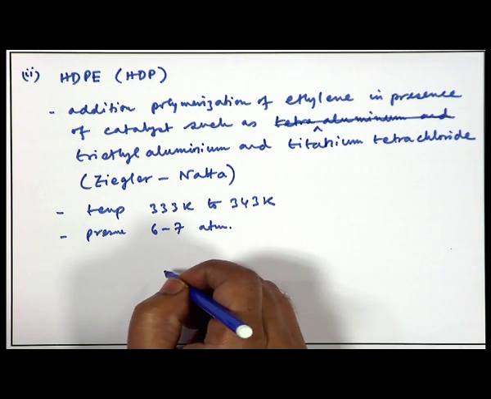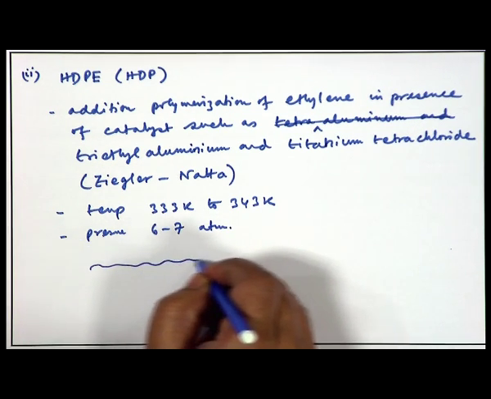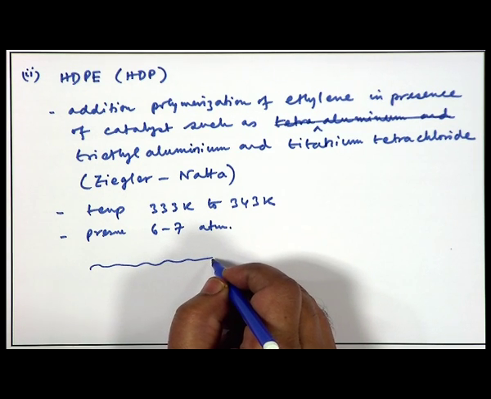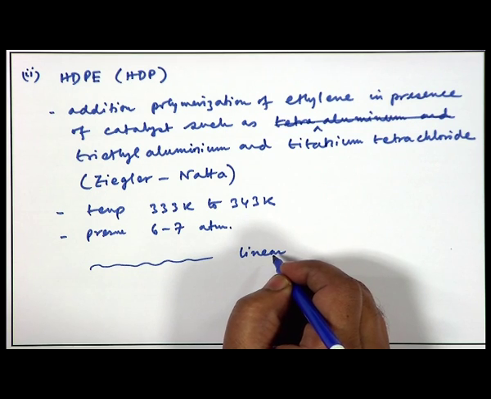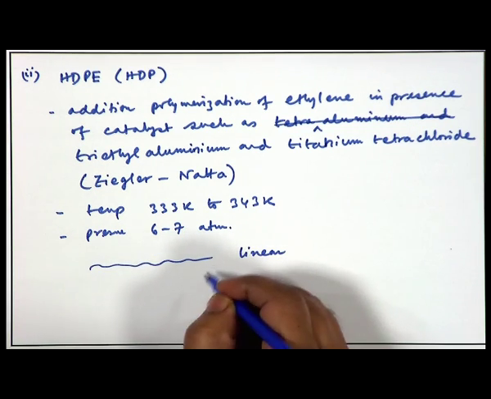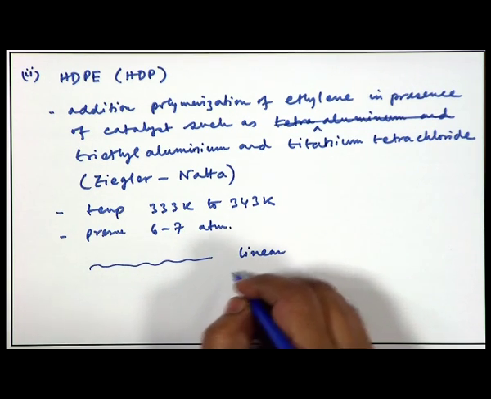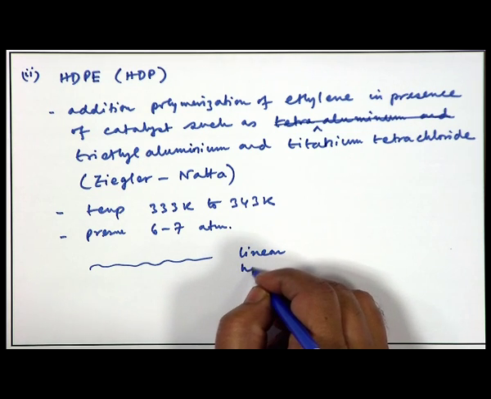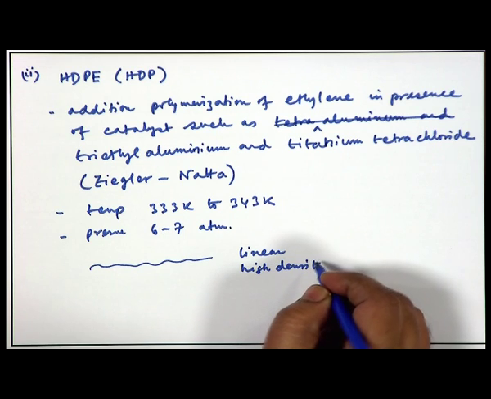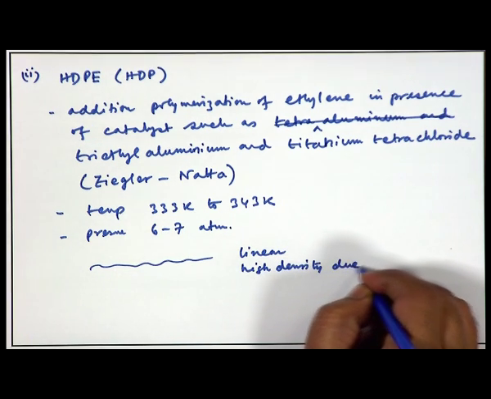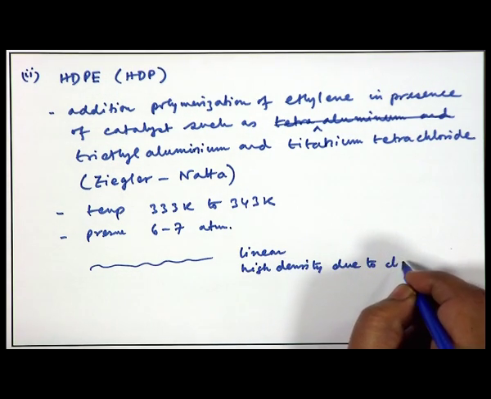So, in this case you get a linear, no branching polymer, and as they are linear, they can pack very well, and as a result they have high density due to close packing.